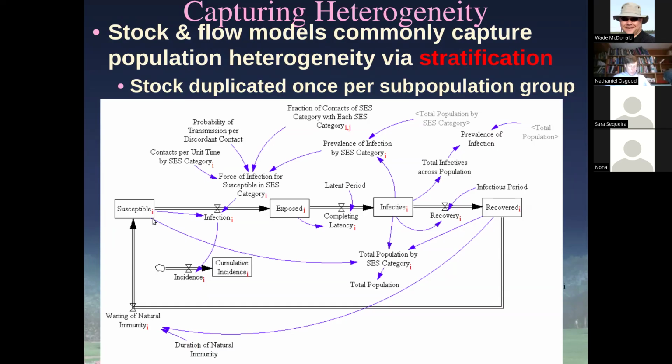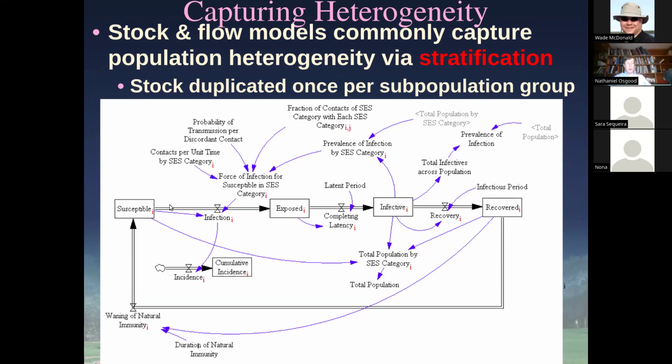There would be susceptibles born in Canada and susceptibles not born in Canada, exposed born in Canada, exposed not born in Canada, infectives born in Canada, infectives not born in Canada.